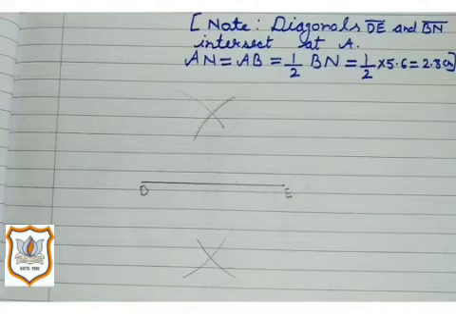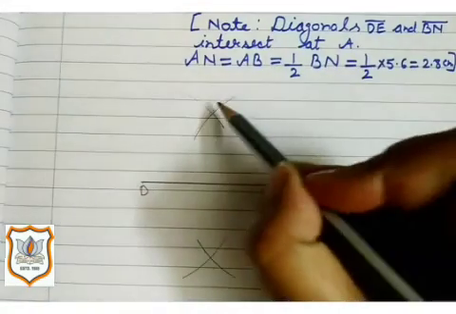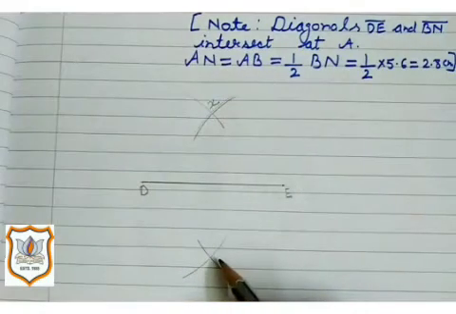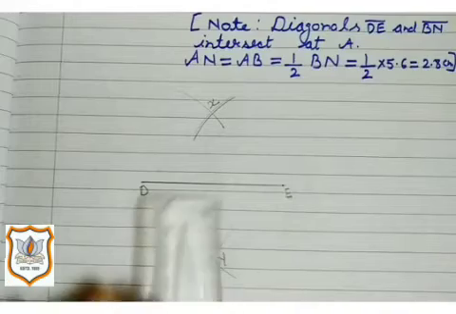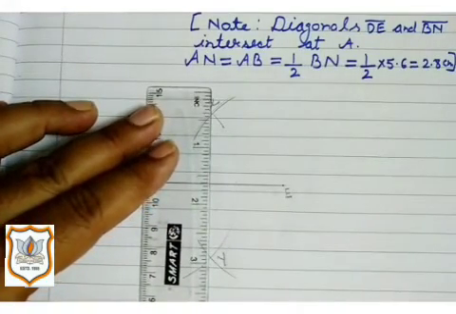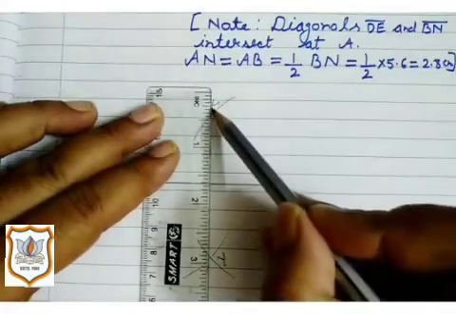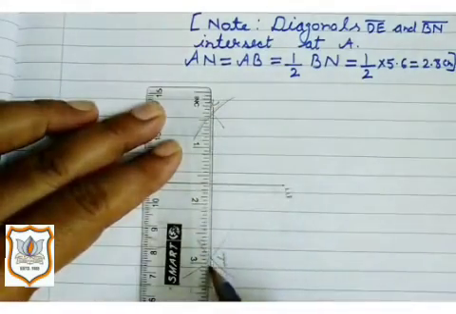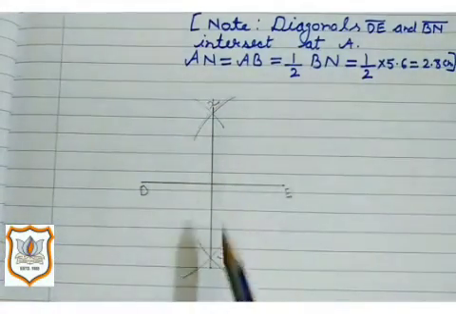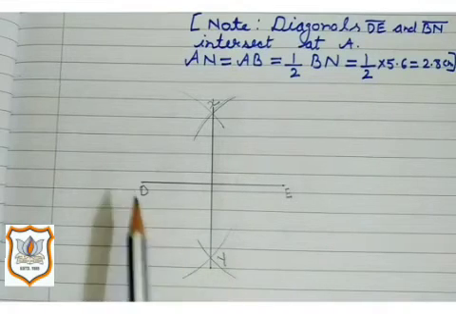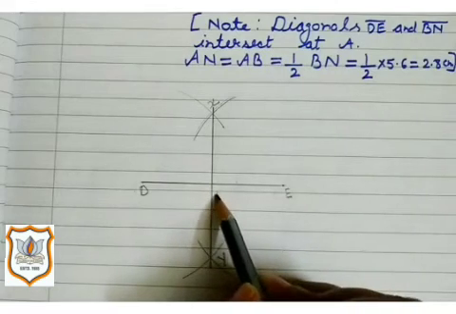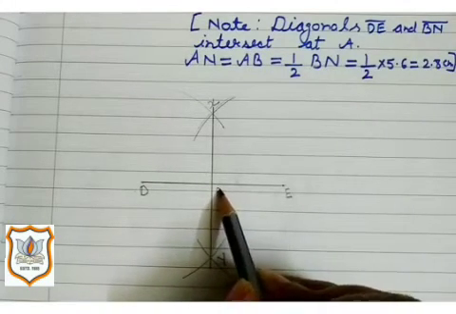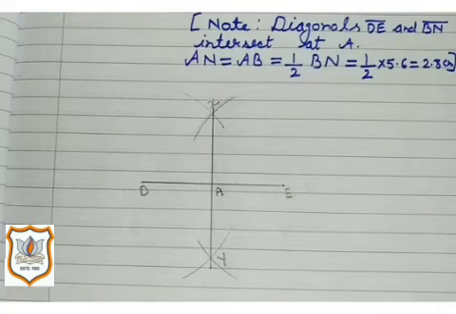Clear? These arcs cut each other at points X and Y. Now we will join X and Y. You can see here XY is a perpendicular bisector of DE which intersects DE at point A. So this is A. Clear?